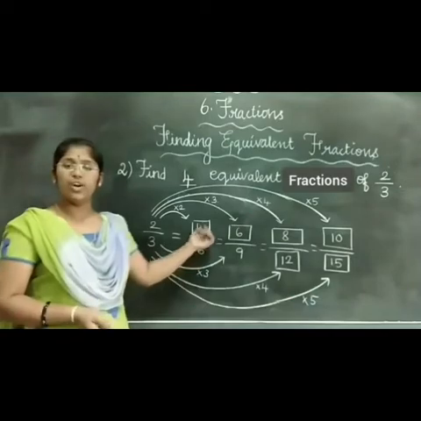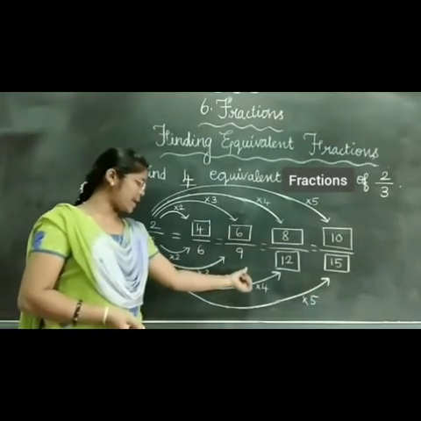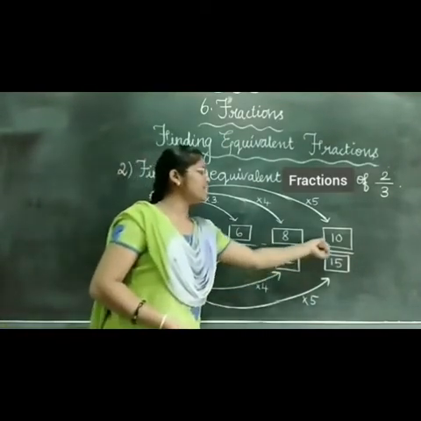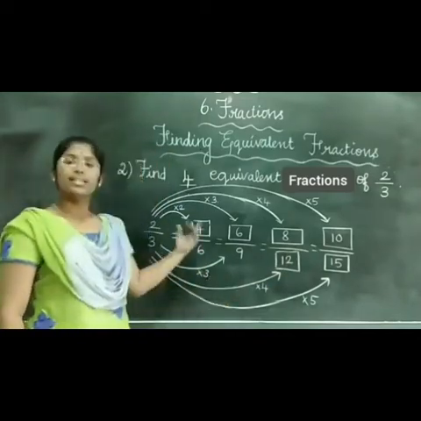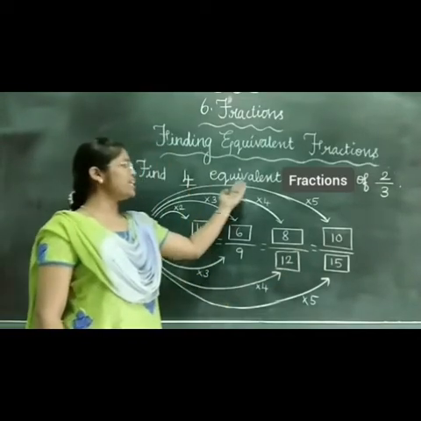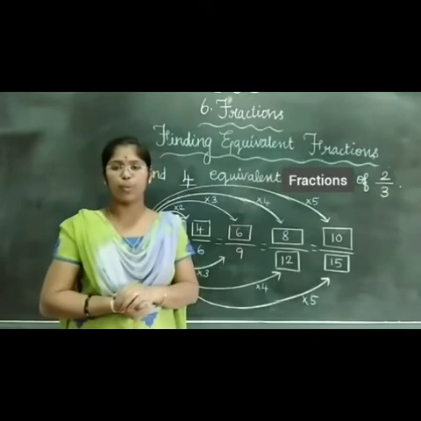See here children, 4 by 6, 6 by 9, 8 by 12, 10 by 15. These are the first 4 equivalent fractions of 2 by 3.